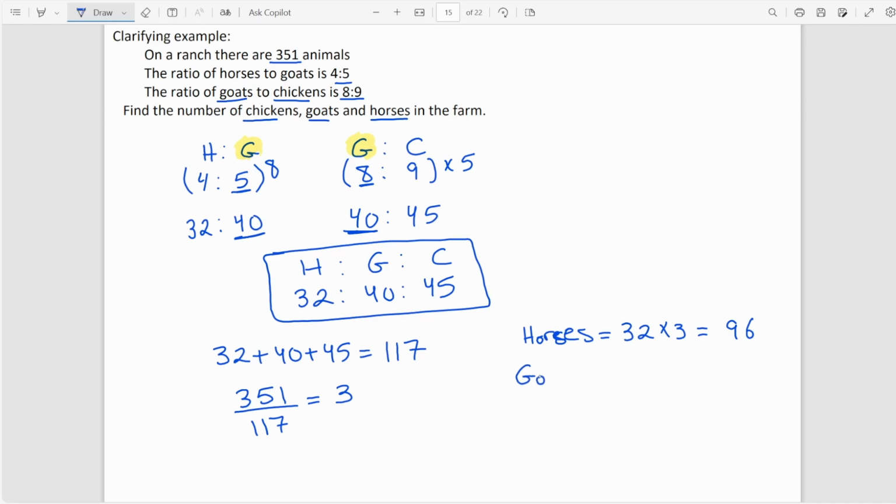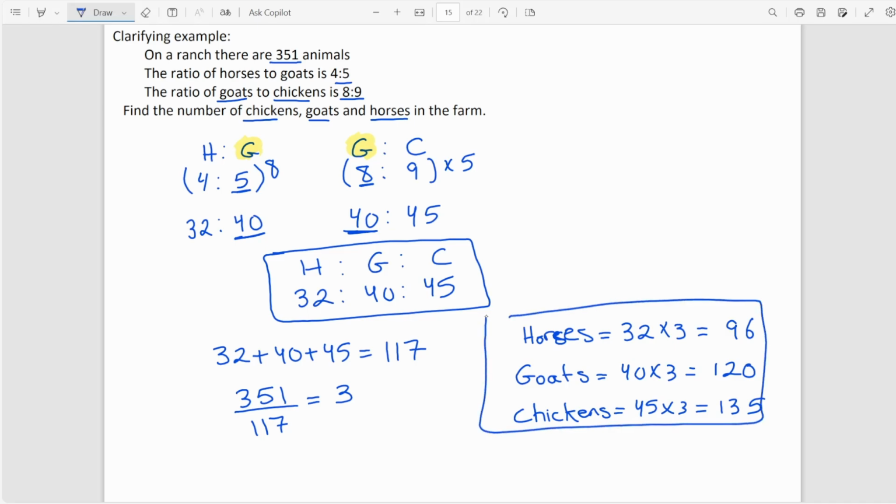The total number of goats is 40 multiplied by 3, which gives us 120. And finally, the total number of chickens is going to be 45 multiplied by 3, which gives us 135. Okay, so I hope this was clear. Also, the answer is right here.